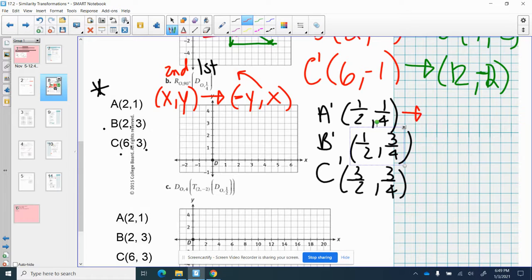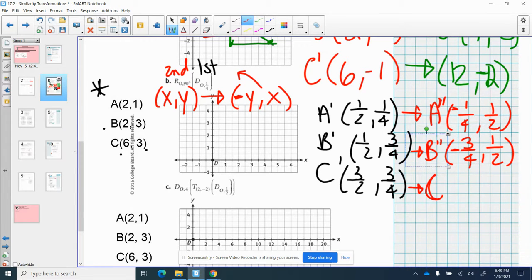So when we put these into that function rule, we're going to see that 1/4 and 1/2 are going to switch spots, and now 1/4 is negative for A double prime. And then for B double prime, again, we're going to flip-flop the location of 1/2 and 3/4, and then 3/4 is negated, again going back to our function rule. And then last but not least, C double prime, you're going to flip-flop the location and negate. Okay, so there again would be our final location on these.